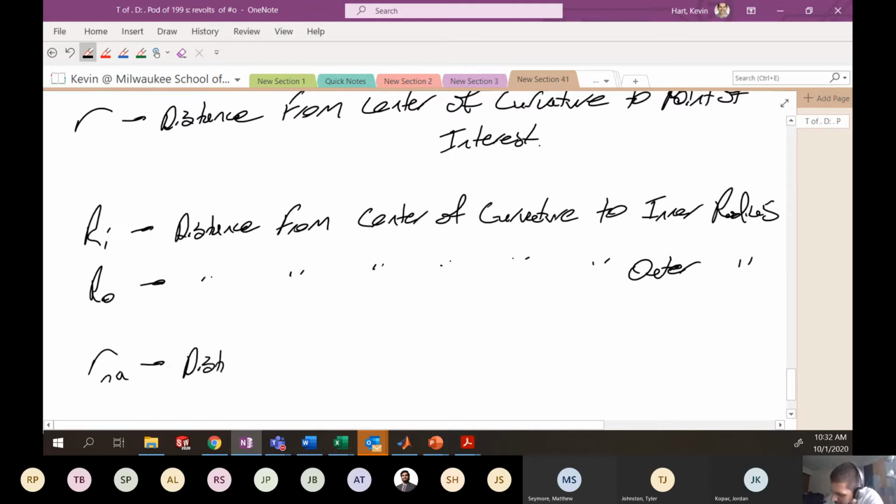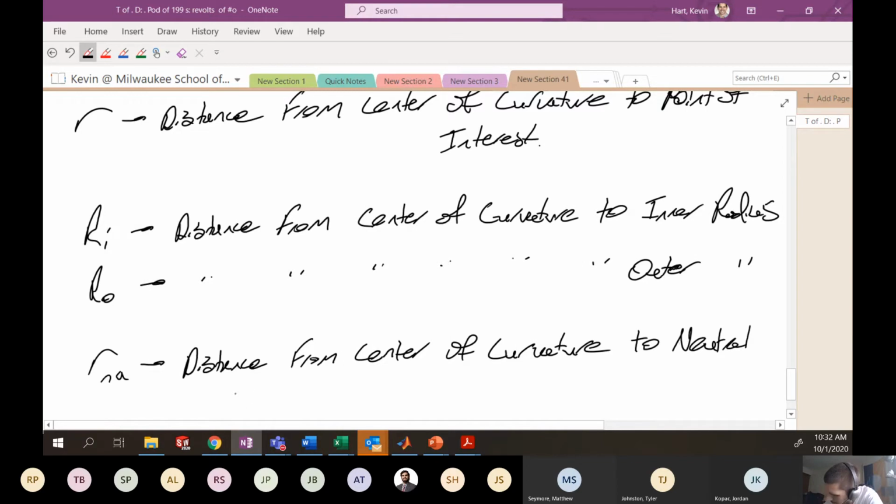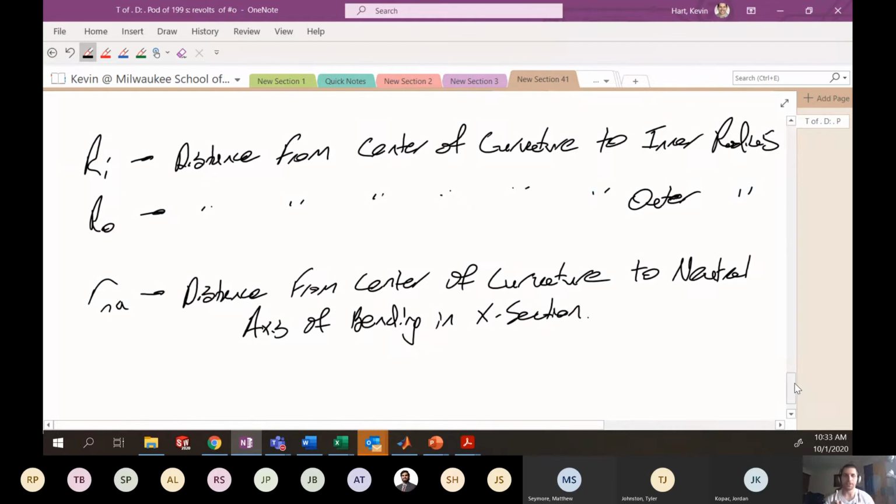This is the distance from the center of curvature to the neutral axis of bending in the cross-section. For straight beams, the neutral axis and the centroidal axis are the same. For curved beams, they are not.